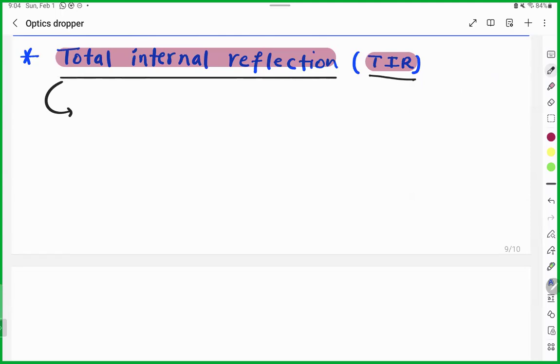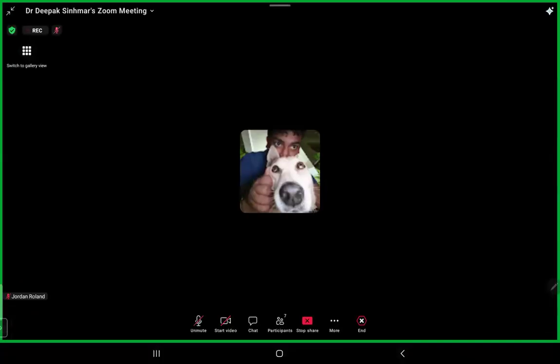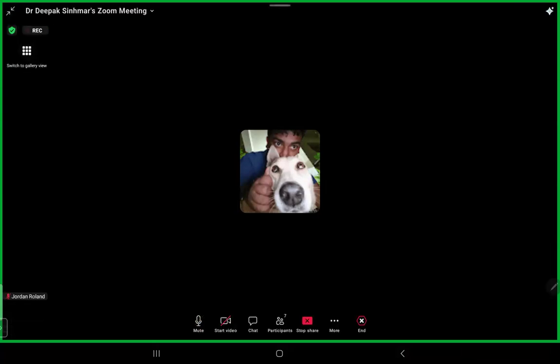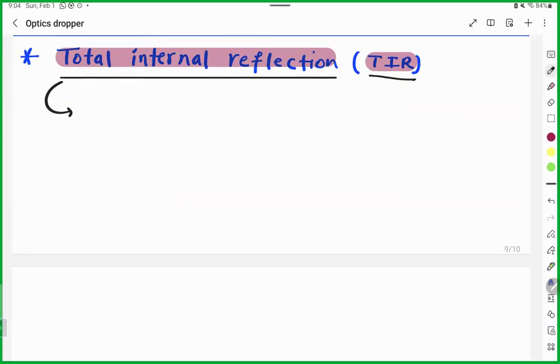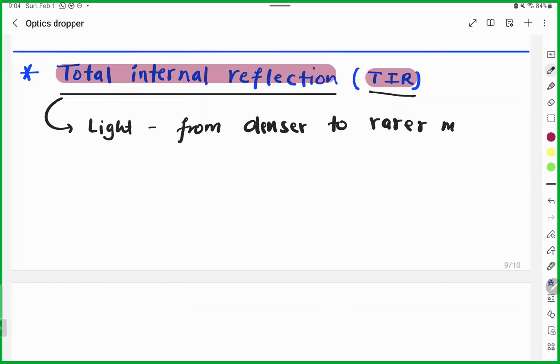So guys, total internal reflection. We say that light travels from denser to rarer medium. In this case, light is moving from denser to rarer medium, because remember we apply the critical angle concept here.